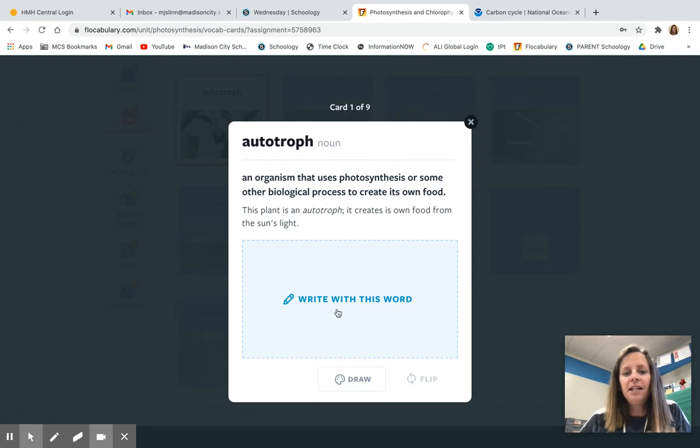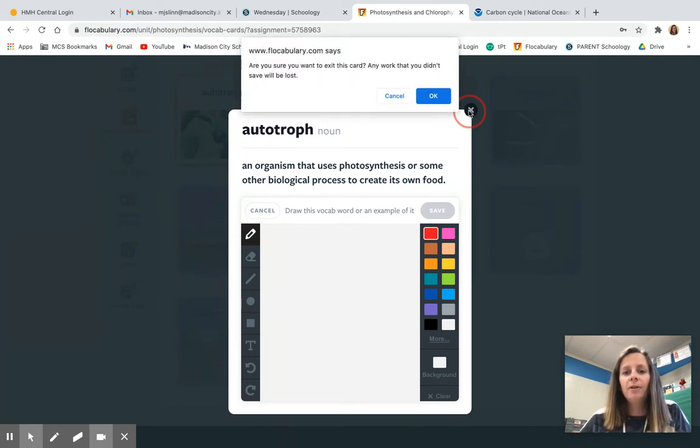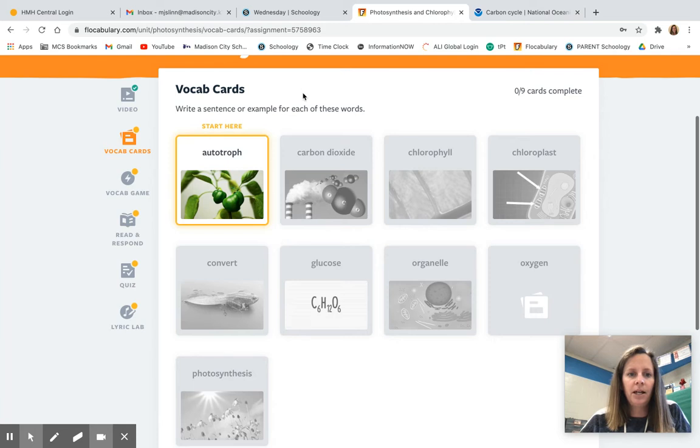Now, there's an activity here where you can write with the word. So write a sentence using the word or draw a picture to represent what the word means to you. But for right now, I'm just going to review the meaning of each word. Okay, carbon dioxide. Is it going to let me go to carbon dioxide?